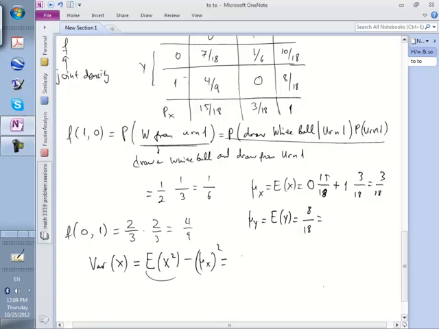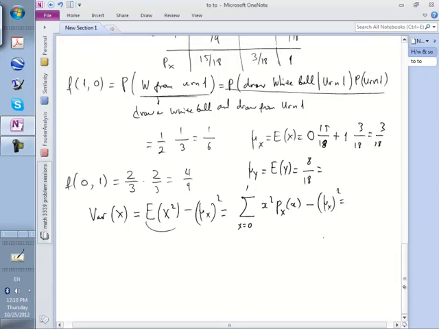How do I calculate it, in other words? Sum of x squared, which are the values of x, 0 or 1, so you have only two values, times the marginal of x, minus the 3/18 that you have here. So this is going to be the variance.